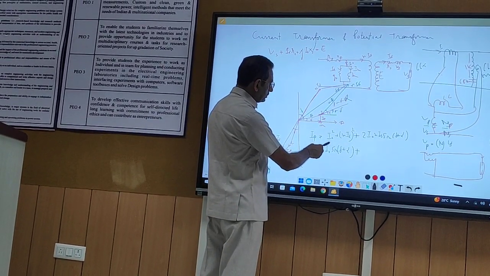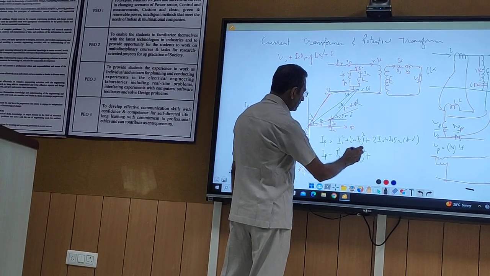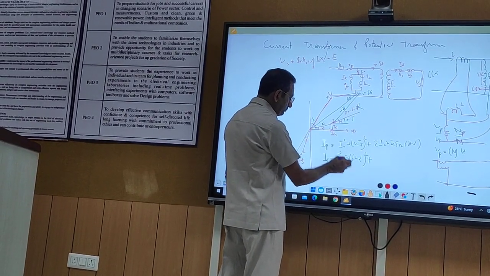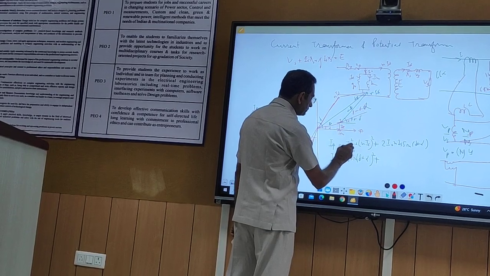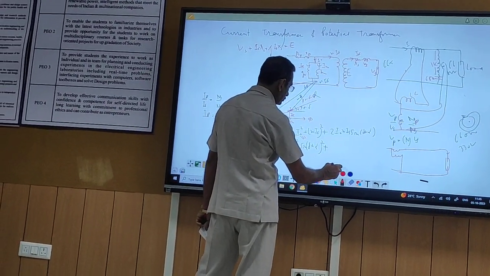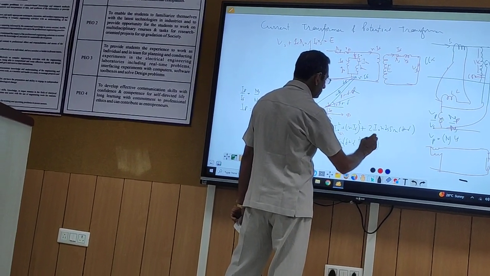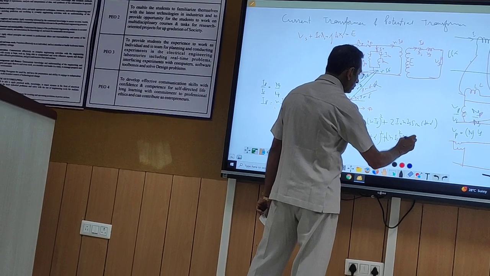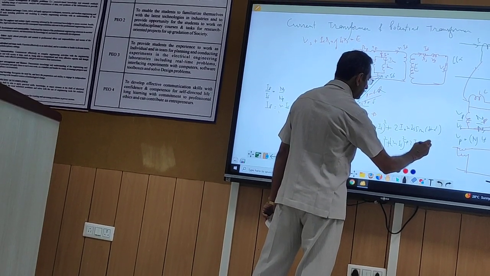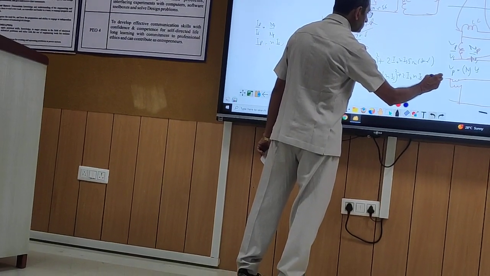Here, in place of this, we can multiply it here. Approximately we made it an approximation. Then NIS squared plus 2 times I0 NIS sin delta plus alpha.